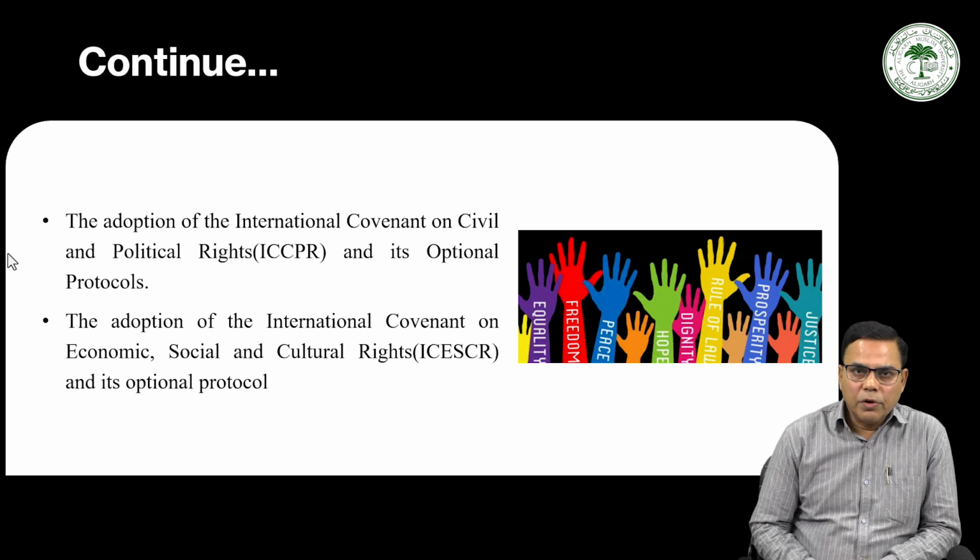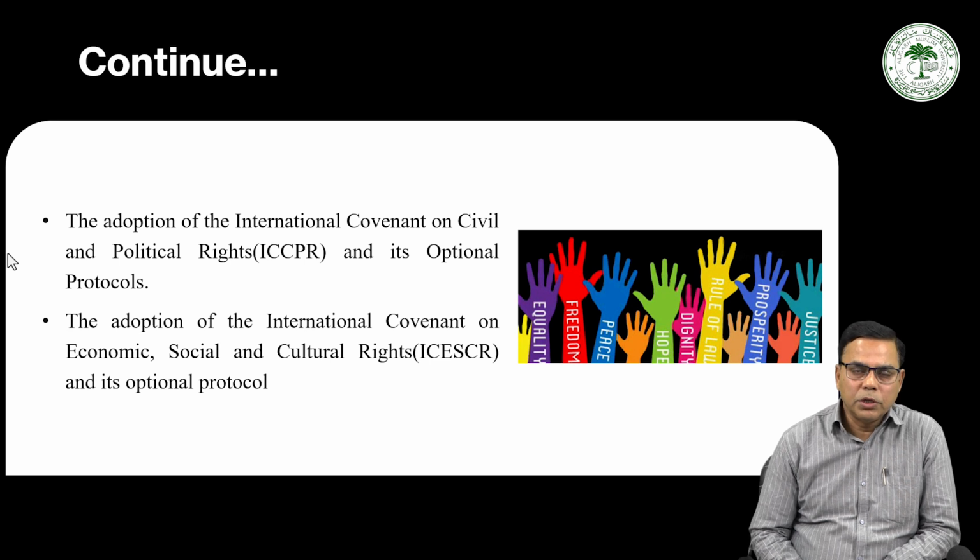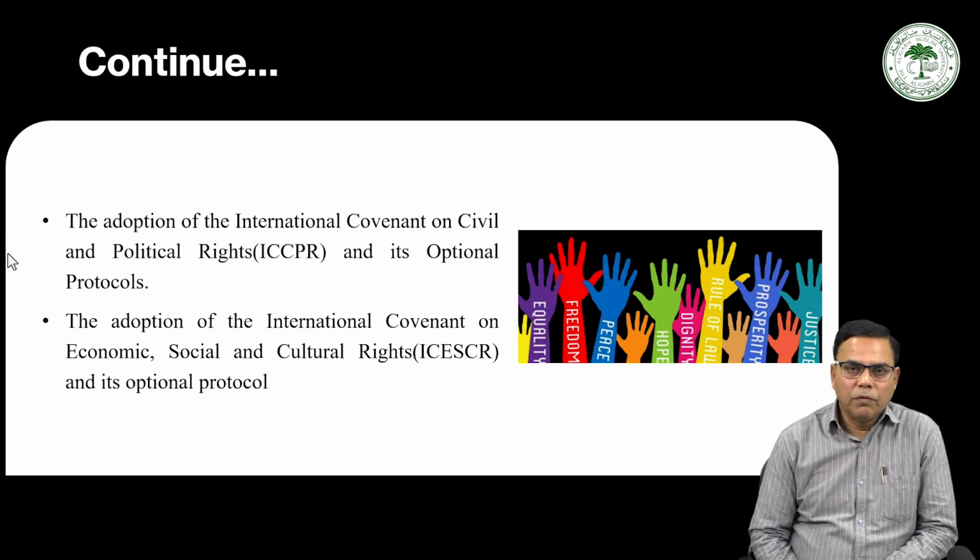The ICCPR emphasizes the rights of individuals, especially civil and political rights. It also has an implementation mechanism. Two optional protocols of the ICCPR are also there. One is the individual petition system, and the second is the abolition of the death penalty.